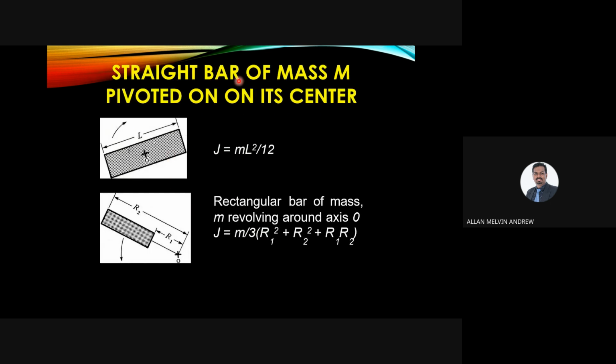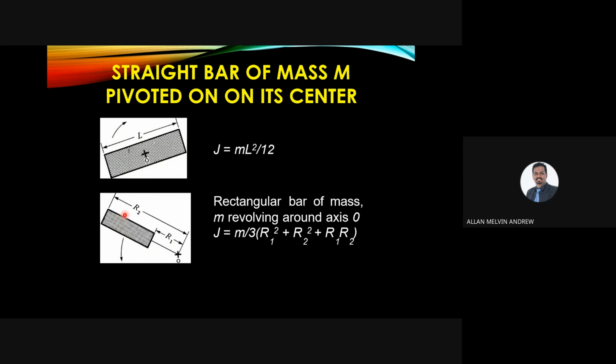If it is a straight bar, you can have two conditions. One, the axis of rotation is in the middle of the bar, meaning the bar is rotating about its center. Then we can use J equals ml square over 12.